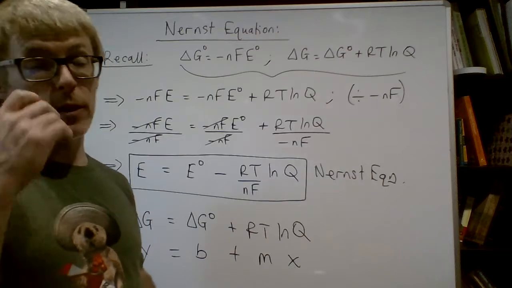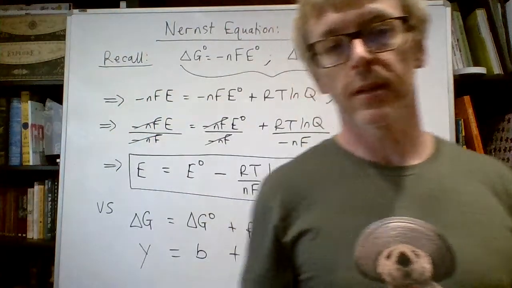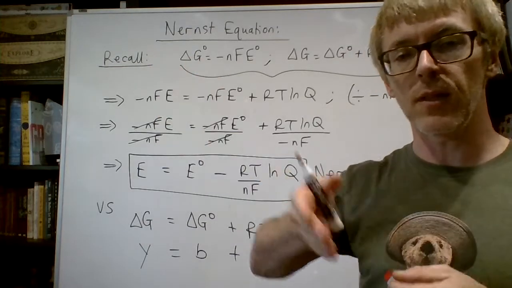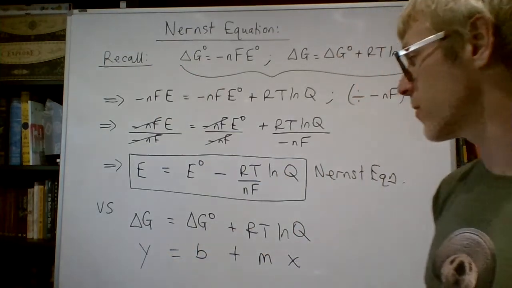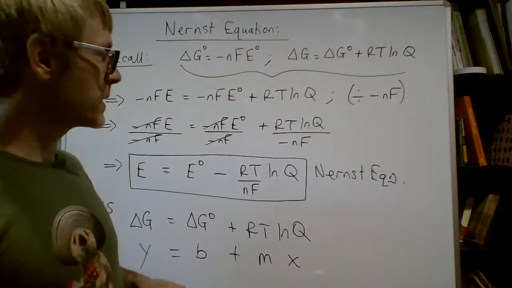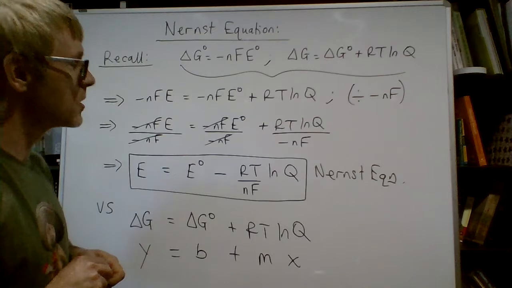Obviously in an exam where you don't have Excel, you would just pick two values, connect them, you know they should be a straight line, and then you can get the slope and move forward from your values. Before we clear this board, when would you use the Nernst equation?